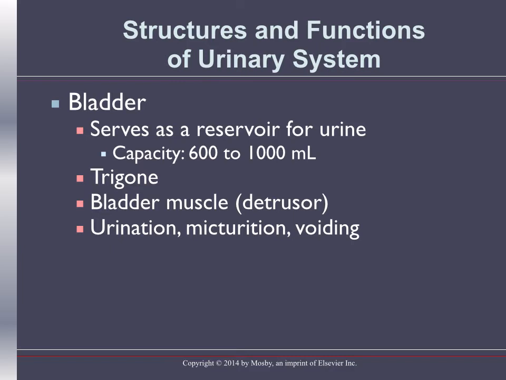So the detrusor helps in distension of the bladder when it is full, or contracts to release the urine. Bladder capacity varies with the individual, but generally it ranges from 600 to 1000 ml.